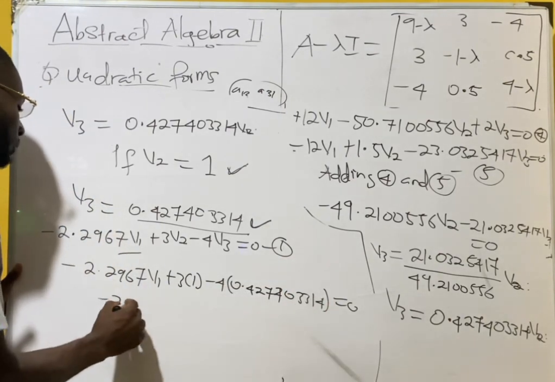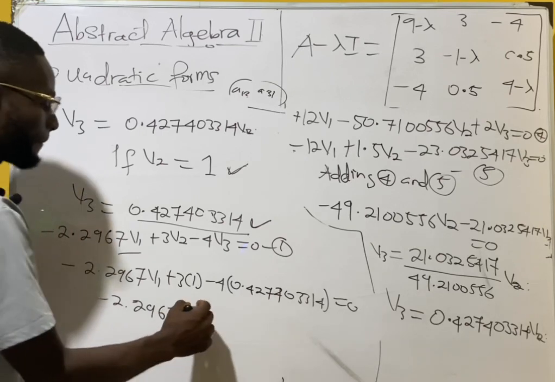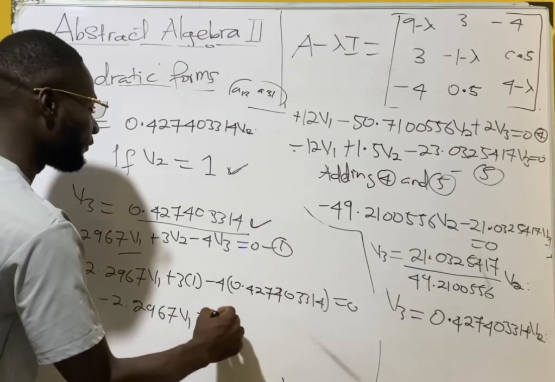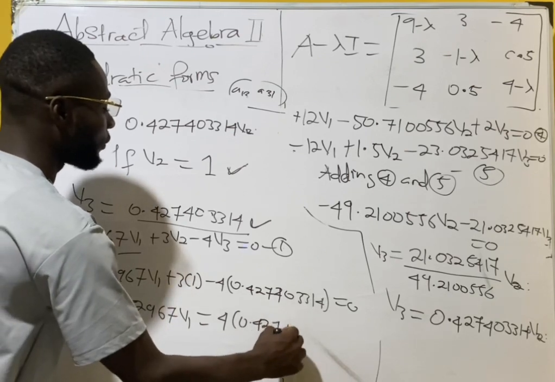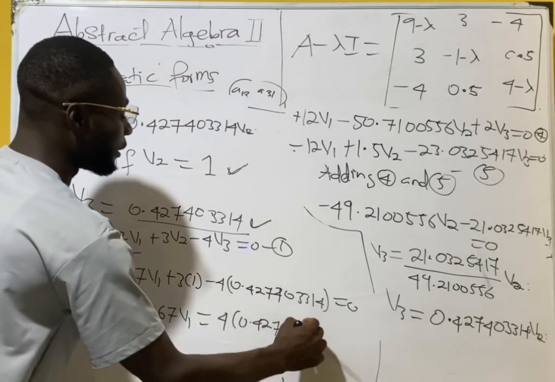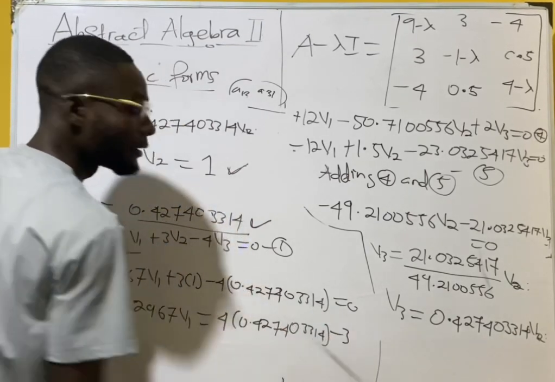So we have minus 2.2967 V1 equals 4 into 0.4274003314 minus 3, right?